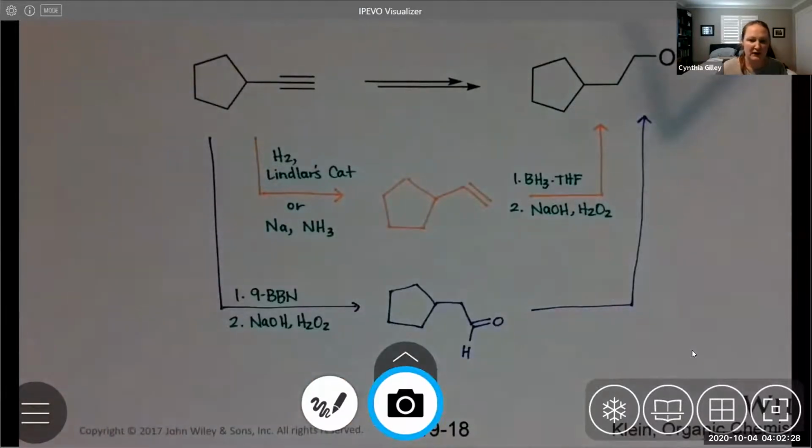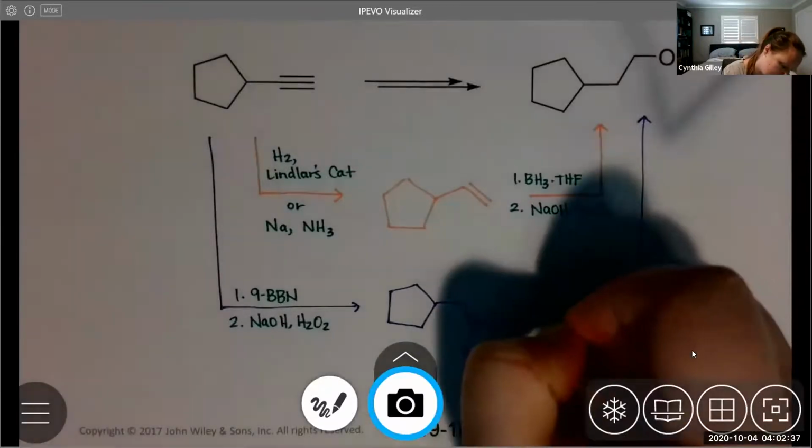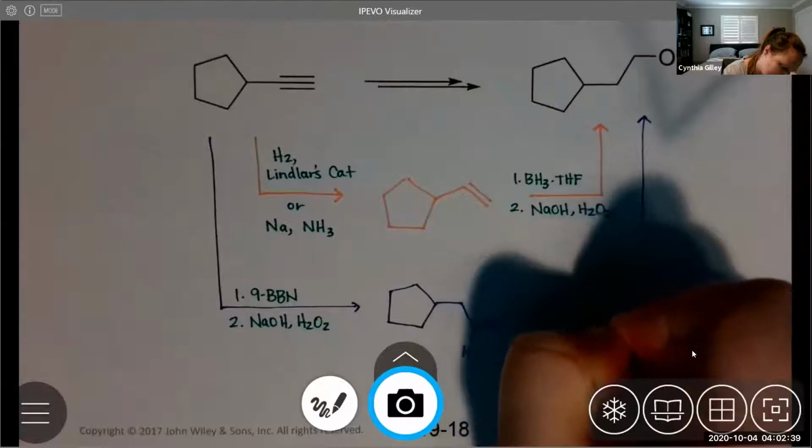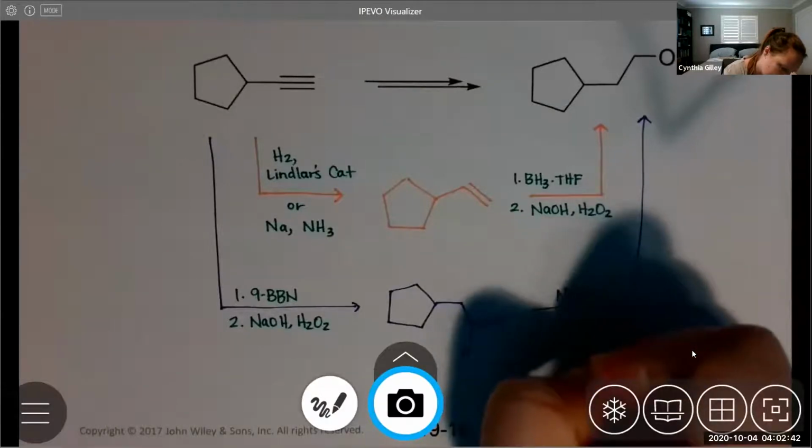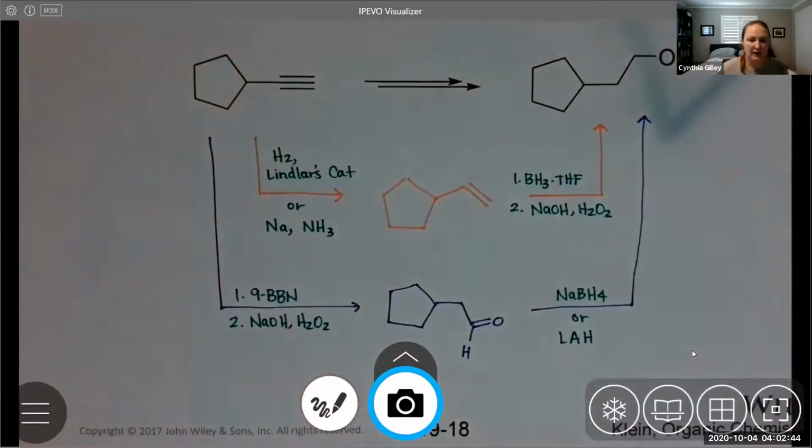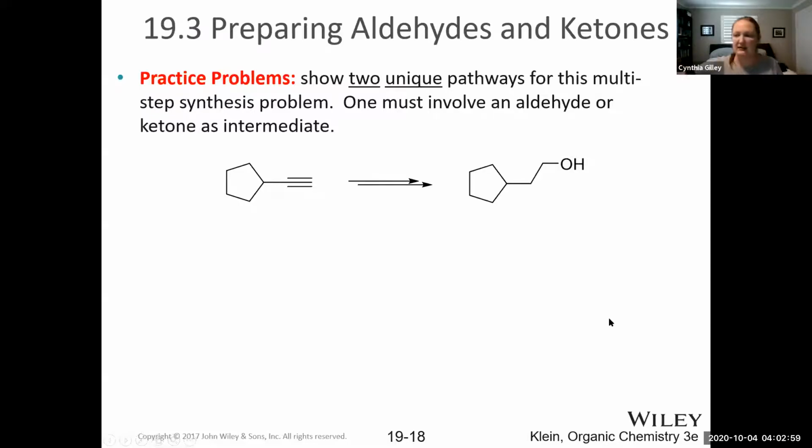And then reduction of an aldehyde to an alcohol. You can either use sodium borohydride or lithium aluminum hydride, right? So over the arrow, let's say sodium borohydride or lithium aluminum hydride would accomplish that reduction. Okay, back to the slides.